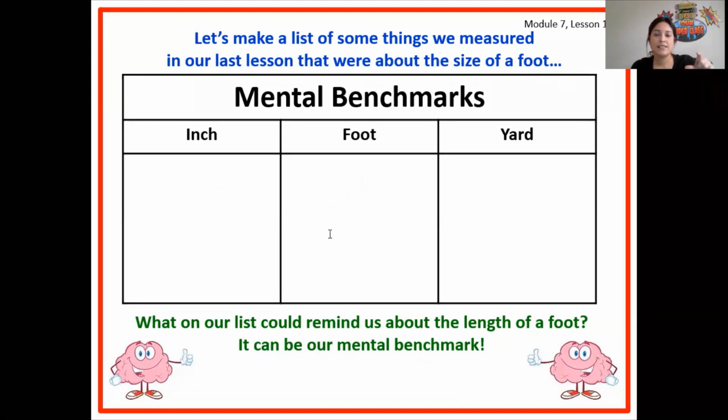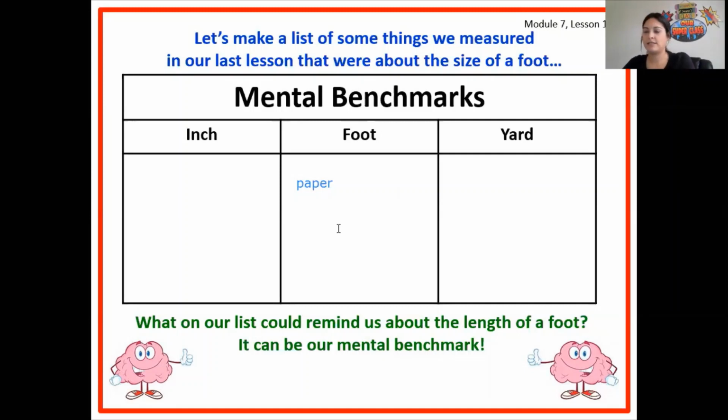Okay, I erased this because I know that a lot of you don't have the actual measuring tools you need. Some of you may not have rulers, but I was thinking about what mental benchmarks we can use to measure things that you have around the house. If you see the question here that says, what on our list could remind us of the length of a foot? Well, I figured we could use a sheet of paper. Why?